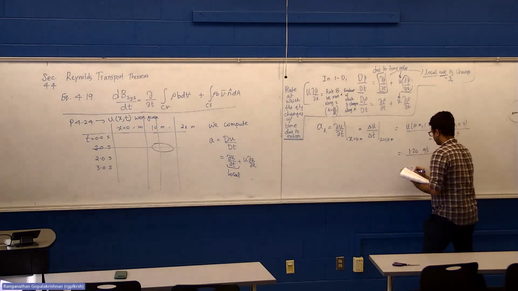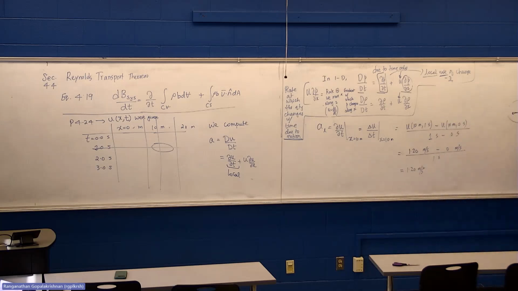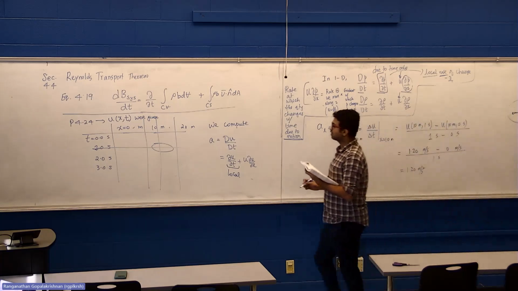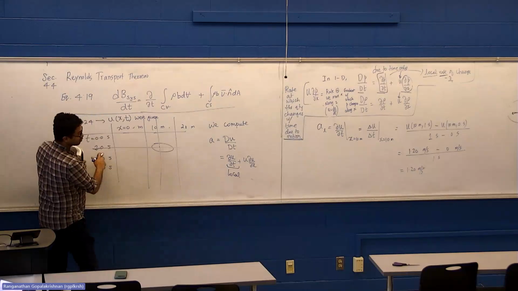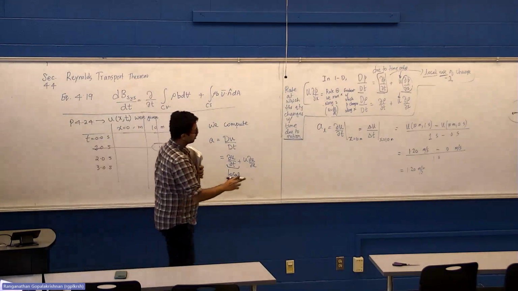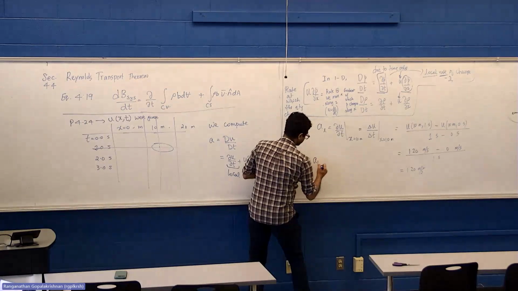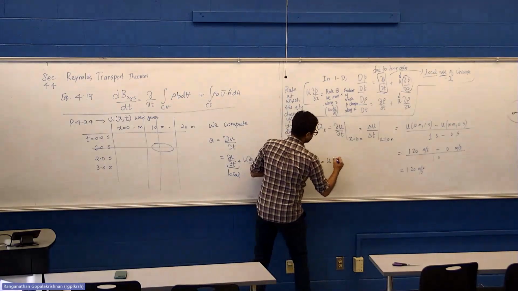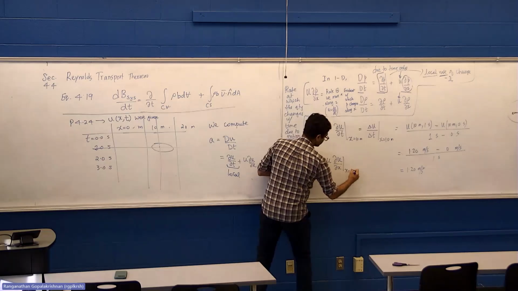That gets me 1.20 meter per second squared. Do you have this in your notebook? Good, right? So the acceleration at 10 meters and 1 second, at least the local component, is 1.20. And the convective component is u times partial u over partial x at x equals 10 meters.